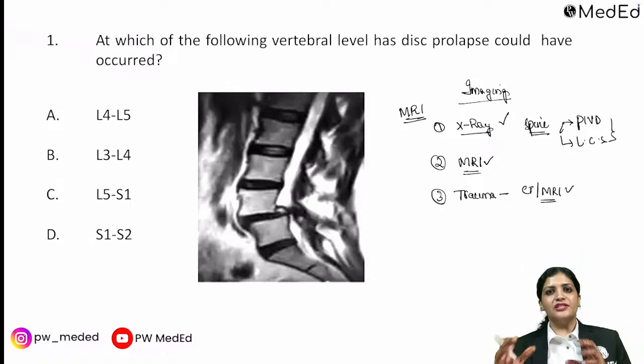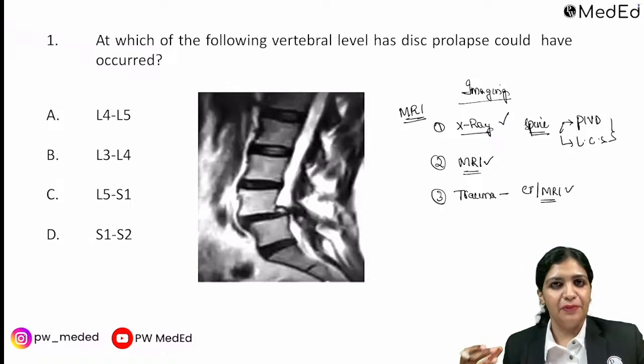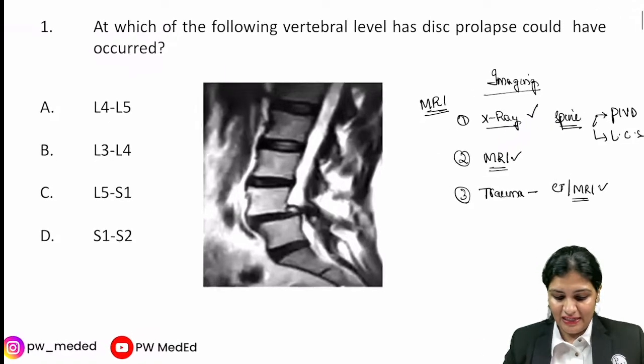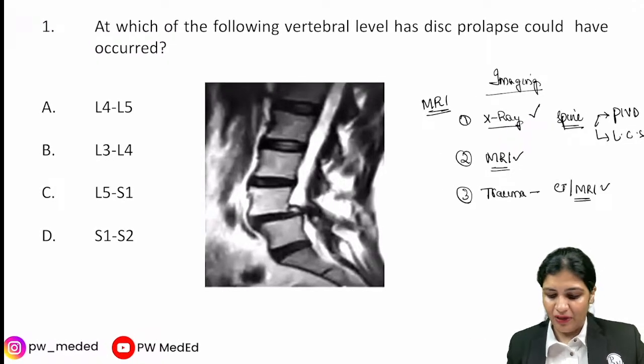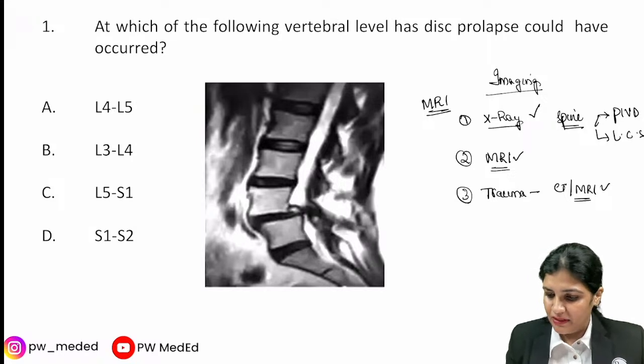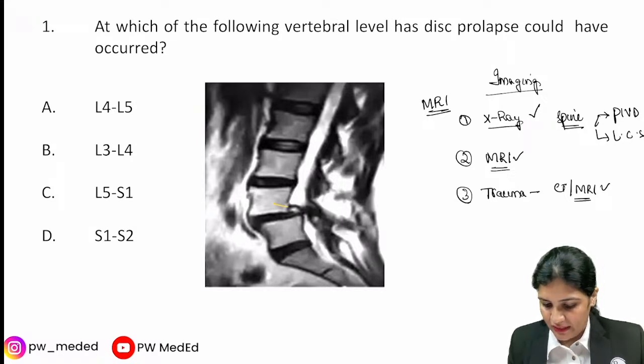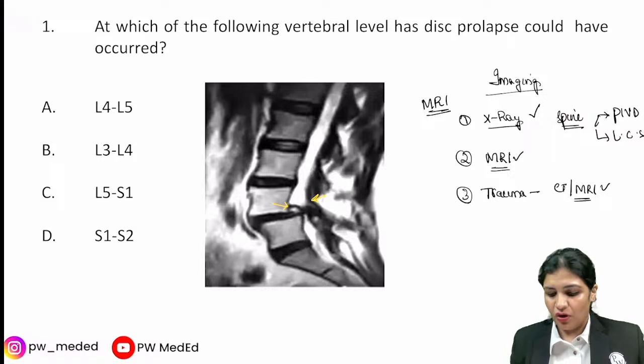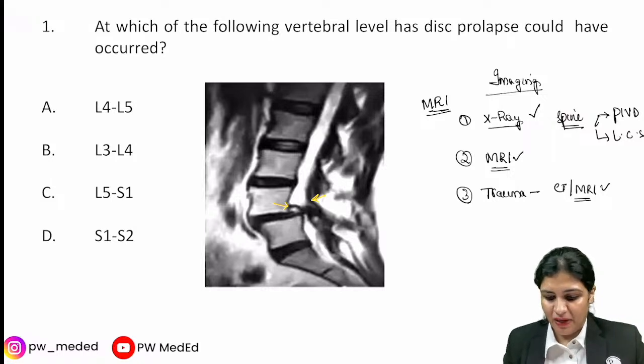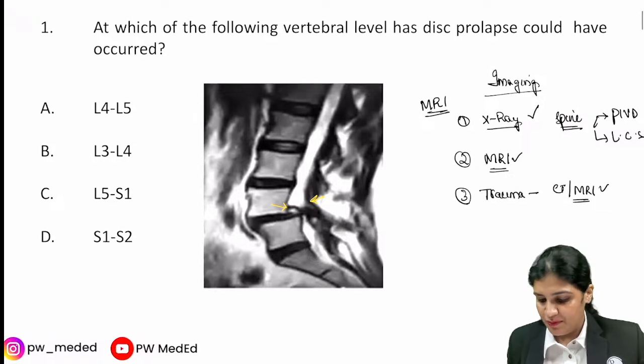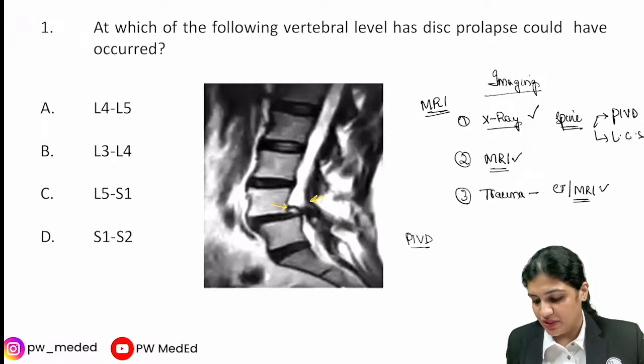So these are the imaging modalities which usually the examiner will provide to you in case of spine, right? So in this question, let us understand what is the level at which there is some abnormality here. Here if you can see, the spinal canal is not continuous. So there is a disc prolapse which the question has already claimed.